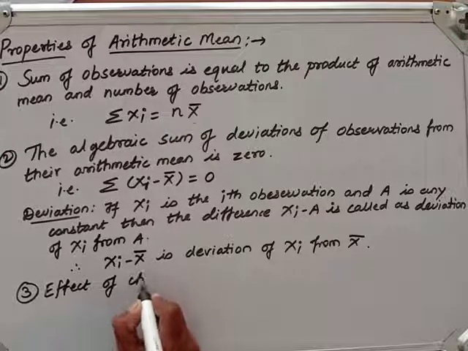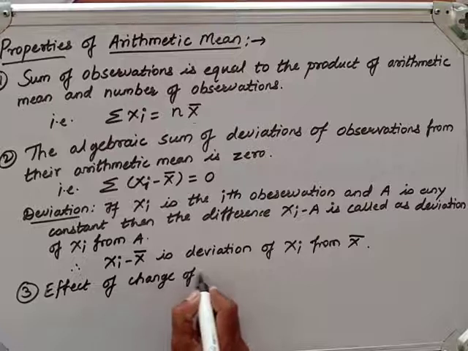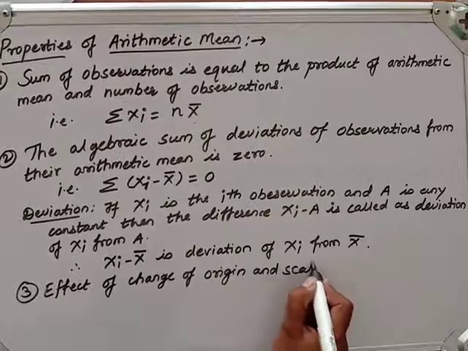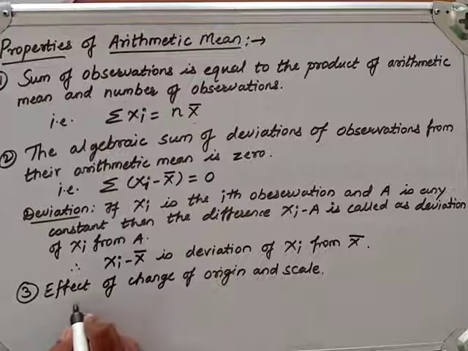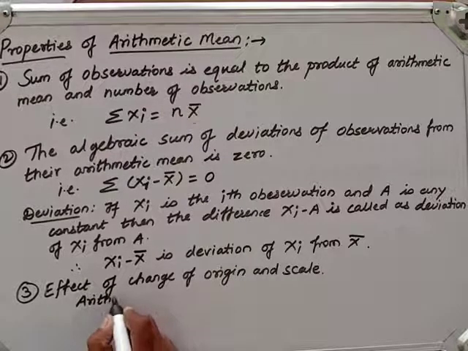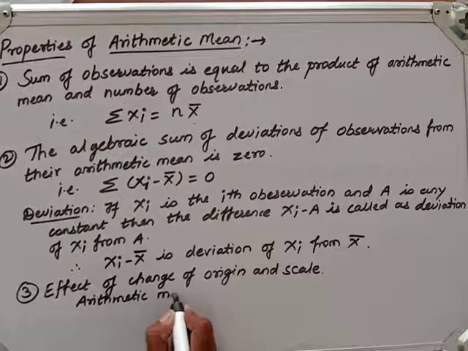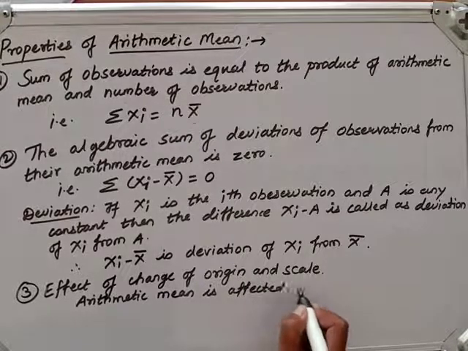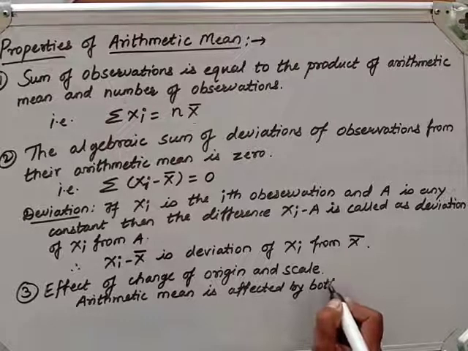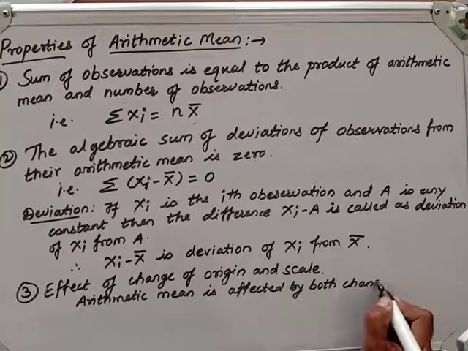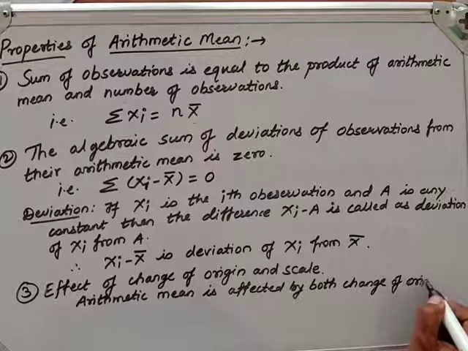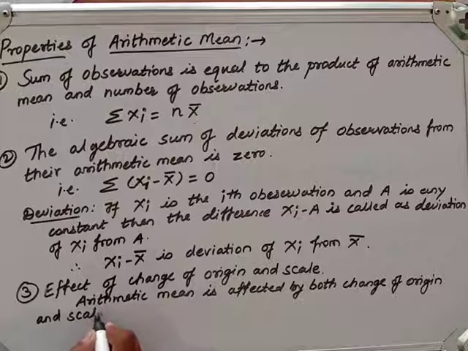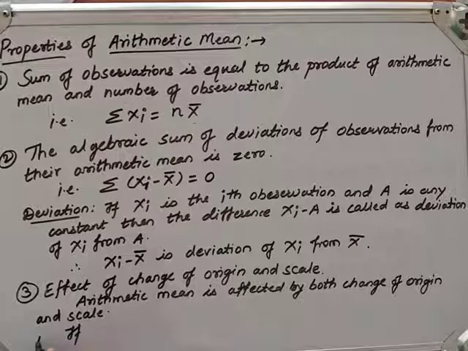Now the third property is the effect of change of origin and scale. This property says the arithmetic mean is affected by both change of origin and scale.